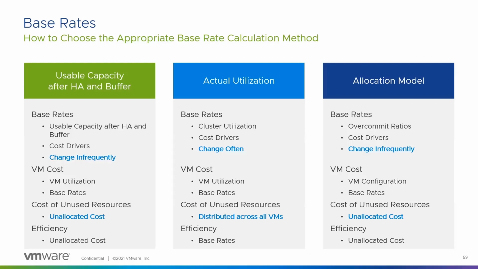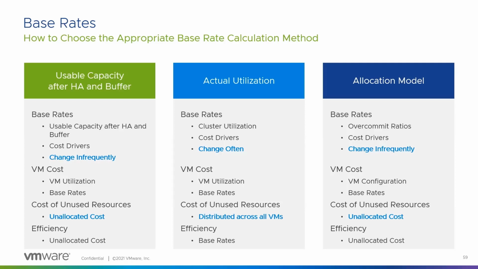The VM cost, this one is different. We look at the configuration of the virtual machine times the base rate. So if it has 2 vCPUs, you multiply that by the per vCPU base rate, and that'll get you your CPU cost. So there's no utilization involved in the allocation model. And then the cost of unused resources, again, this one is tracked as a separate metric, unallocated cost.